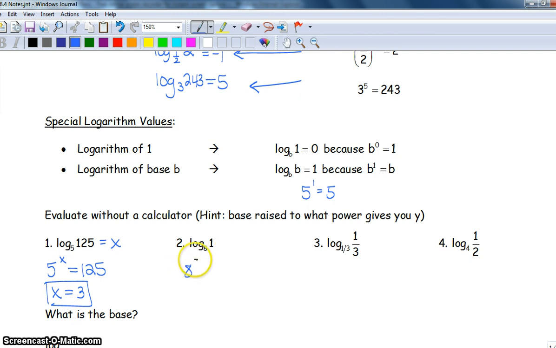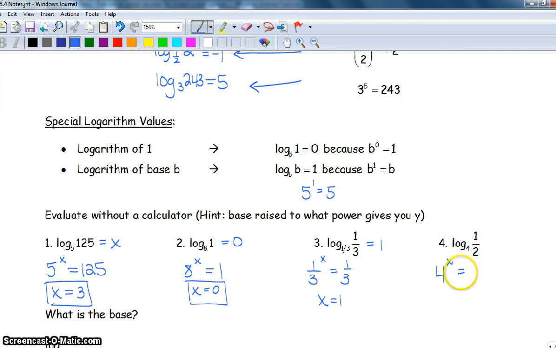Here, 8 to what power gives us 1, and that's one of our special ones. X is going to be equal to 0, because anything to the 0 power gives us 1. Here, 1/3 raised to what power gives us 1/3. Well, we know if it's the same piece, then that must be a 1. Our x is equal to 1. So the log base 1/3 of 1/3 is 1.